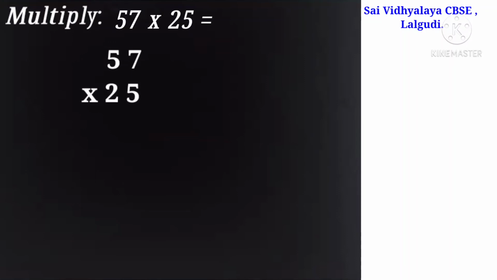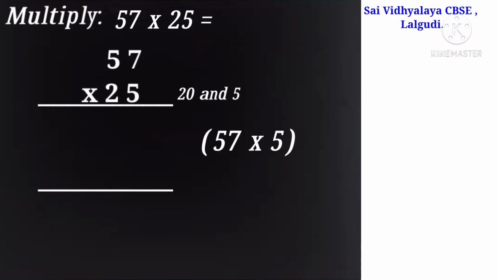First, write the given numbers in vertical form along with the multiplication symbol. Here, 25 can be split as 20 and 5. To find the answer for this question, first we have to multiply the given number by 5 and then by 20. Next we have to add the answers.